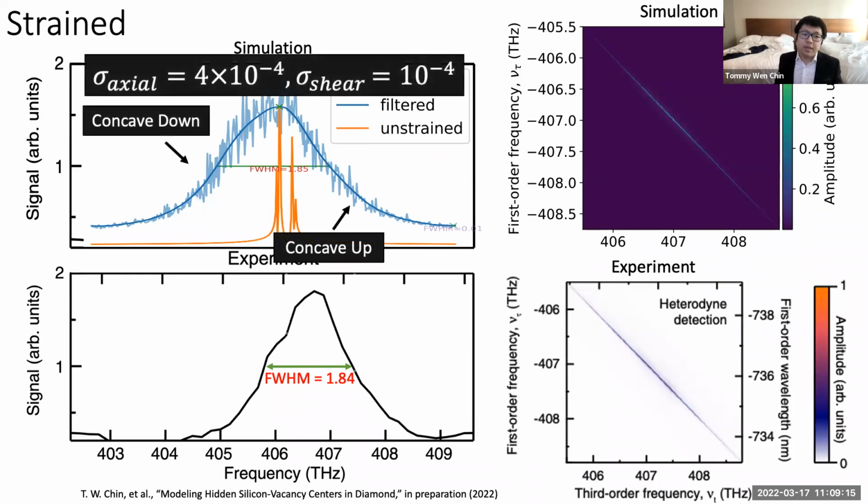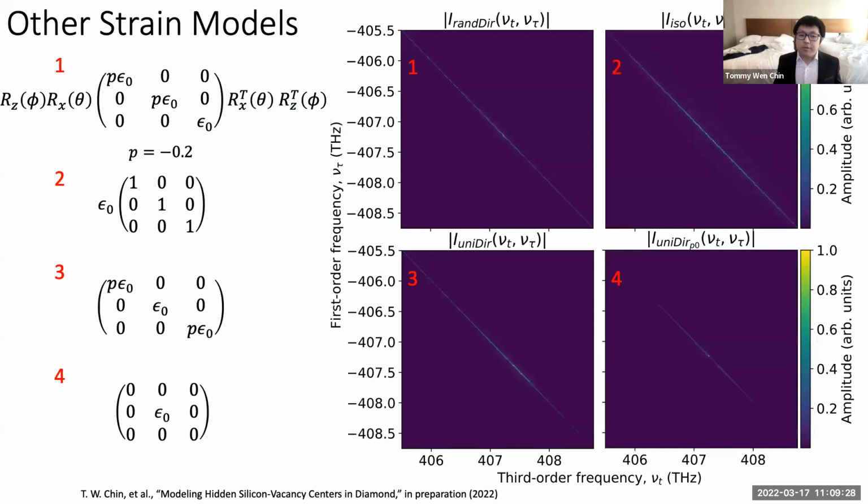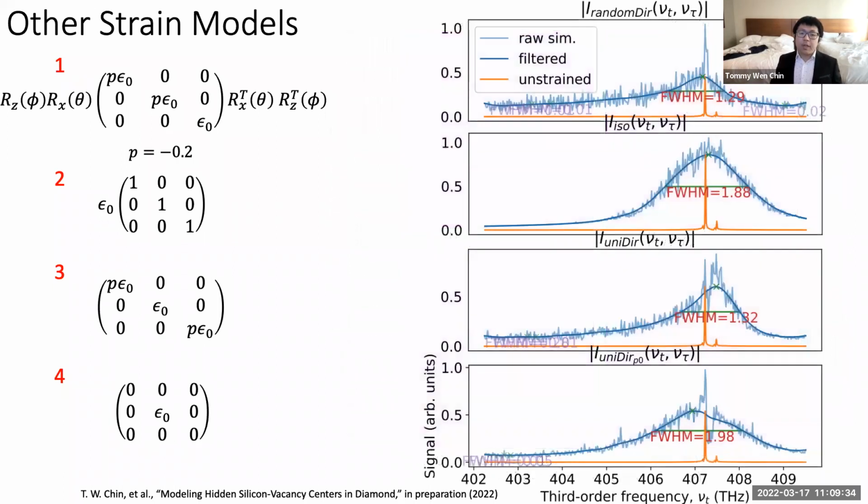And this entails a standard deviation of the axial strain Gaussian of 4 times 10 to the minus 4, and for the shear, 10 to the minus 4. In addition to varying all 6 strain components with a normal distribution, we also developed a few other strain models. But at the end of the day, it is our initial model that produces the best result.